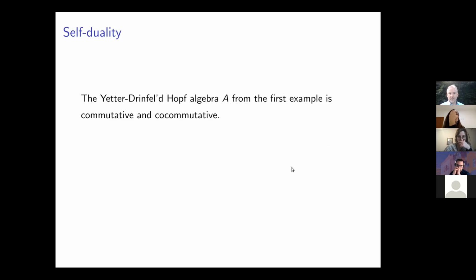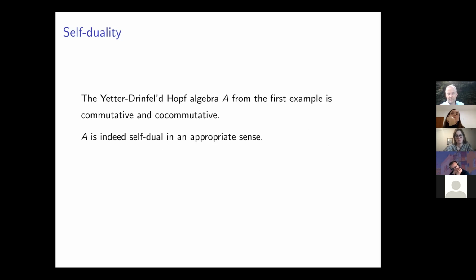So one of them, A prime, was not commutative. They were both co-commutative, had a basis consisting of group-like elements. So in the first example, we are commutative and co-commutative. And it turns out that this A, in contrast to A prime, is in fact self-dual in an appropriate sense. What do I mean here by self-dual?